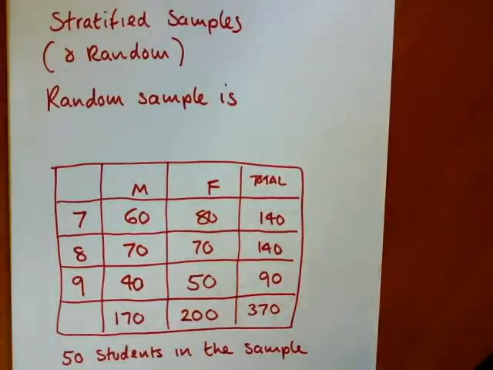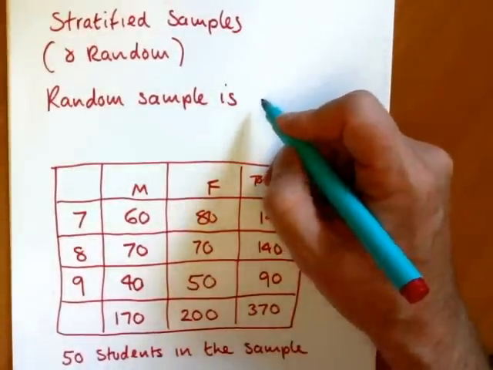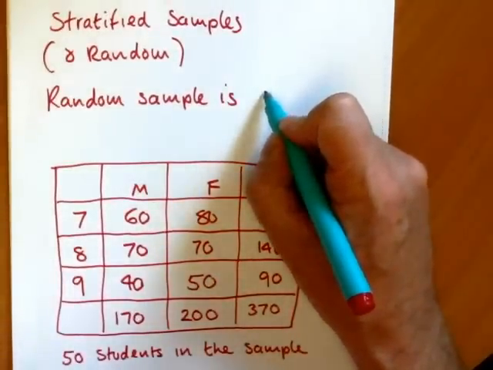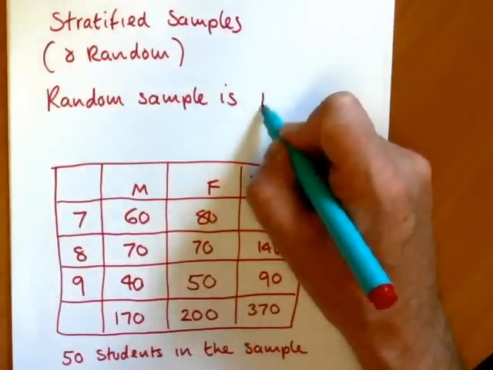A random sample is a subset, or a part, of a group. So part is a number of people, part of a group.